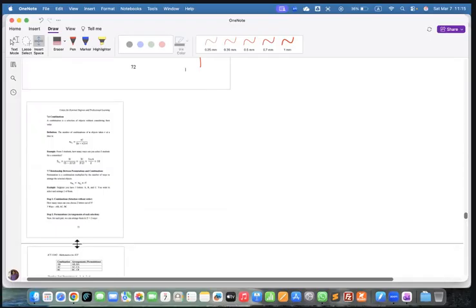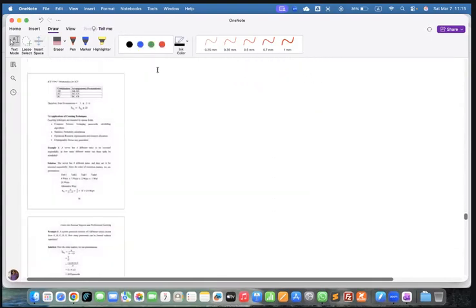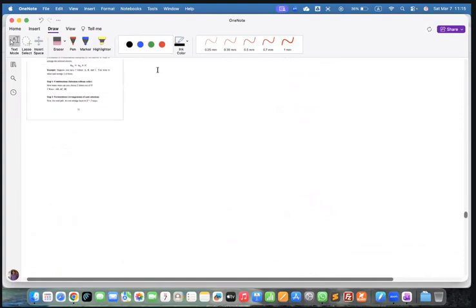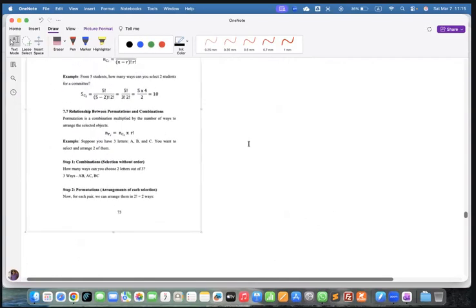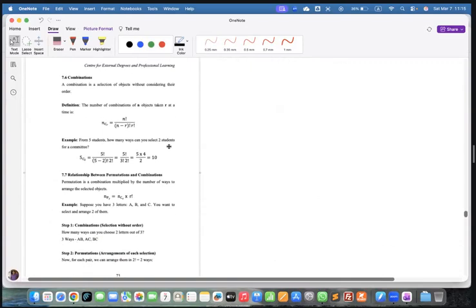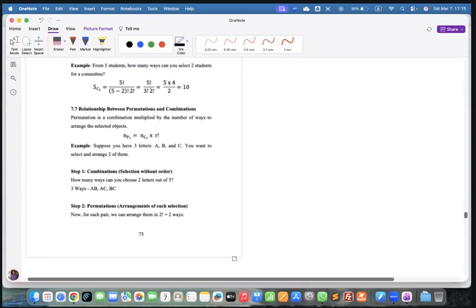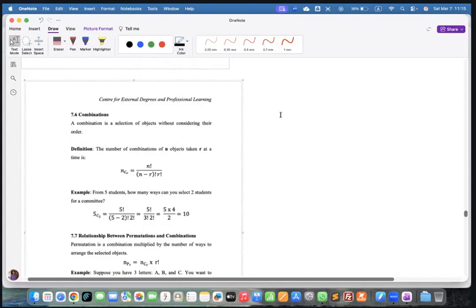If it is a combination, we are not giving priority to the order of elements, but to the selection of elements. Which elements we are selecting is more important in combinations. Last class I explained the equation for combination. From n objects, I need to select r objects to make a group.